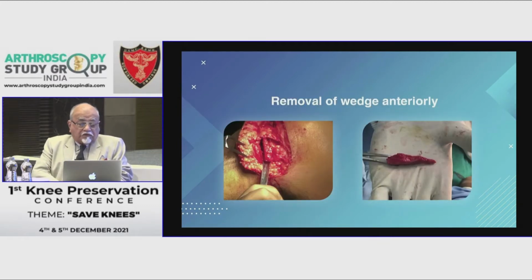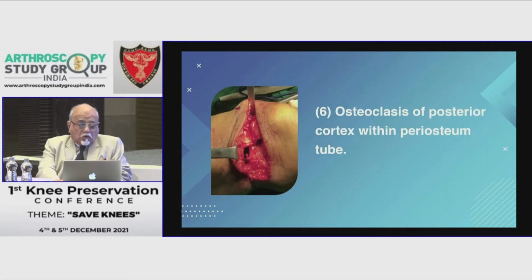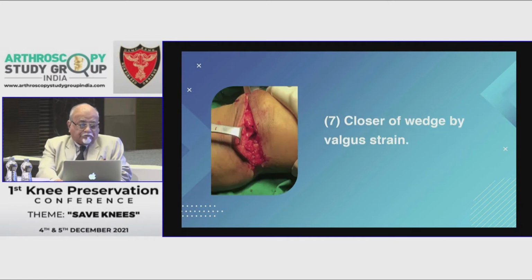Then wedge is removed from the anterior aspect, and that is why after taking out some cancellous bone, you can see the posterior cortex also. So you can do osteoclysis of the posterior cortex within the periosteal tube. Then closure of the wedge is done by valgus strain.